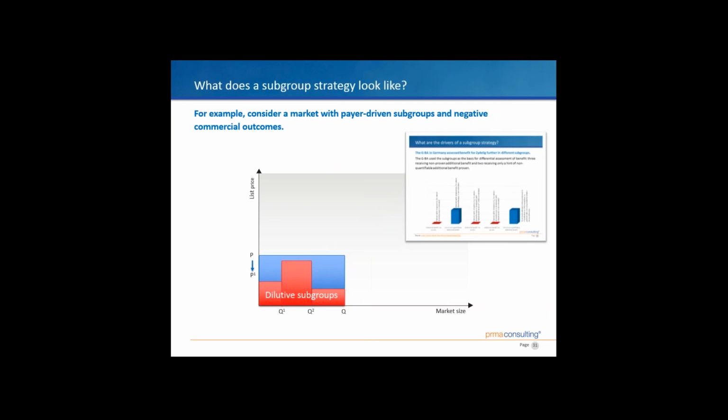If you look across the histogram in the insert, you see some subgroups have blue columns of assessed benefit, and the red columns have an assessed benefit effectively of 0. And I realize I'm picking on one particular drug, but I imagine everybody has some experience with this. Some element of the licensed indication has essentially had its benefits taken away because of this nexus between subgroups, comparators, unmet need, clinical benefit, and then price.